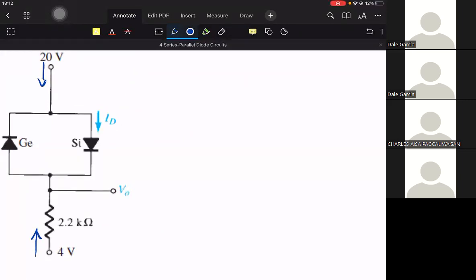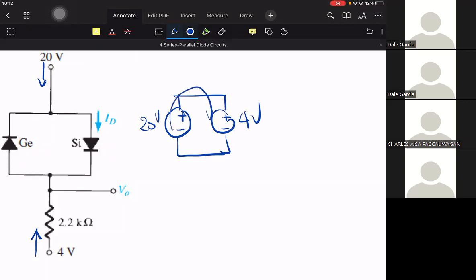Kung sa actual pa ni class, this is not advisable, really not advisable kung i-parallel sila. Really not advisable if ang 20 volts is directly parallel na sa 4 volts. May tabuan ni, i-charge ni 20 volts si 4 volts.